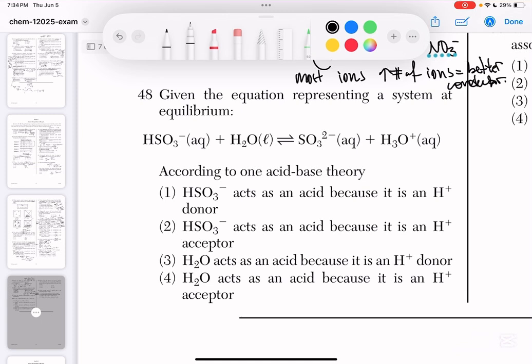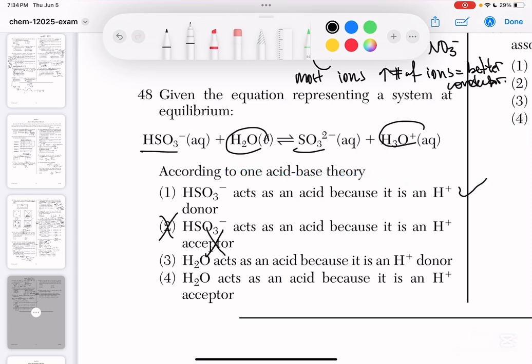Acid-base theory. Okay, so first of all, we should just go through all of them. These two are a pair, these two are a pair. It says HSO3 acts as an acid because it's the H plus donor. That's true. Acts as an acid because, no, that's not true.